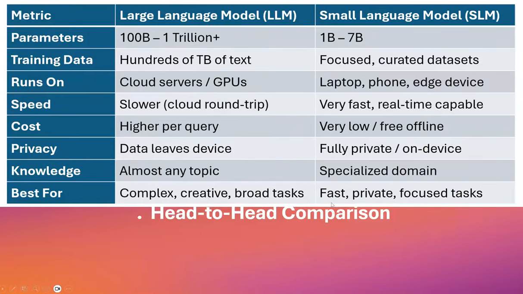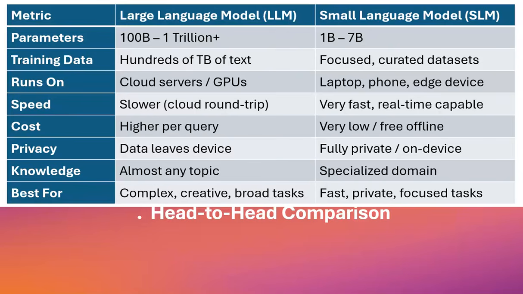To better understand how it is a large or a small language model, it all depends on the number of parameters. Large language models work on 100 billion parameters to 1 trillion plus parameters, whereas small language models work on 1 billion to 7 billion parameters, because they can actually be deployed to your local desktops.